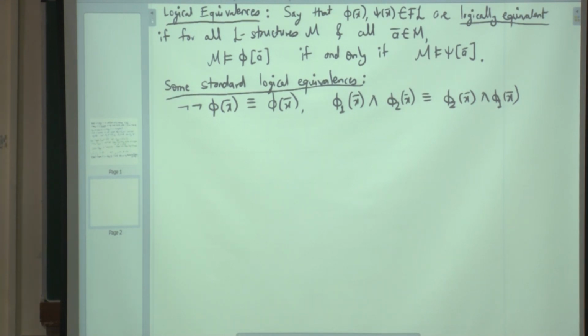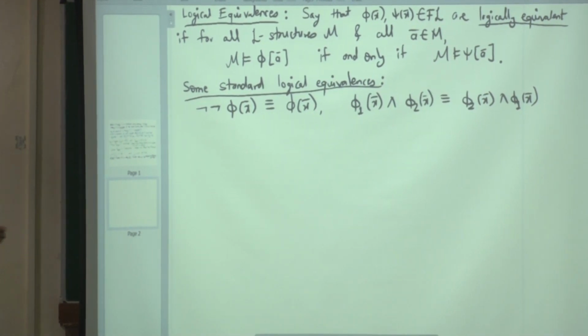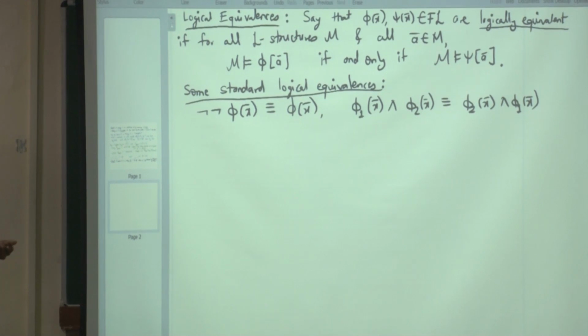Similarly, you can write down that conjunction is associative up to logical equivalence. So whatever is standard logical equivalence for propositional logic is also valid here. Yeah, so I am not going to waste more time writing out those things.